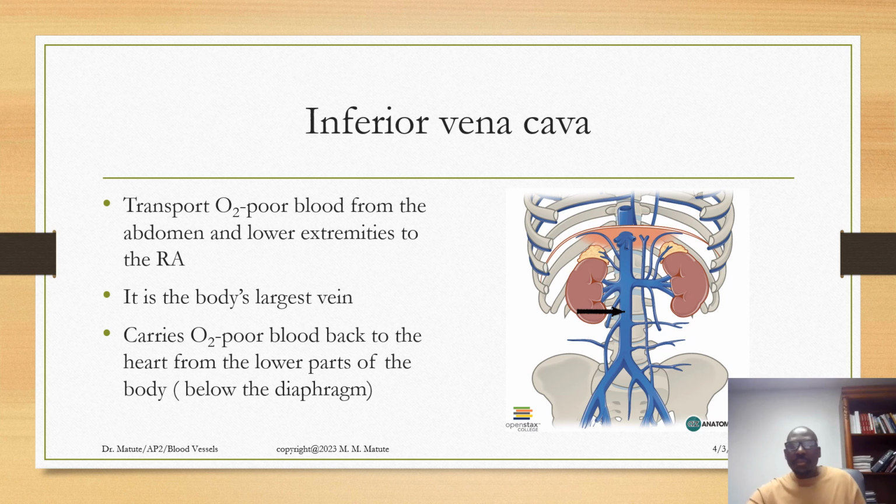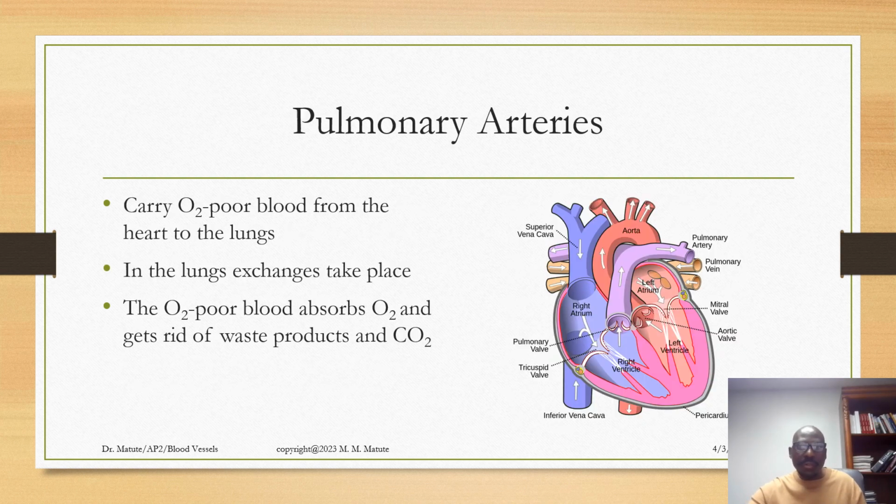The inferior vena cava, on the other hand, drains all parts of the body below the heart, the lower limbs, the abdominal region. It drains them of oxygen-poor blood, and then it sends that blood back to the heart, specifically to the right atrium, where it will pump down to the right ventricle and then be pumped to the lungs for gaseous exchange.